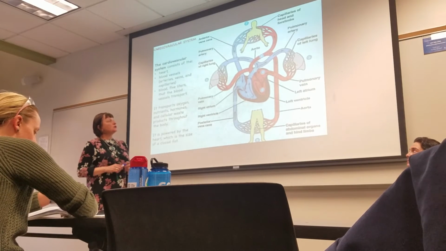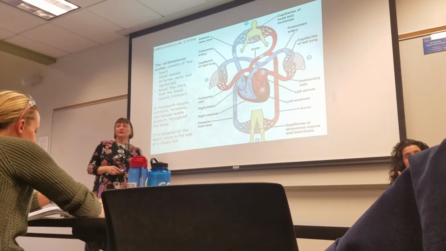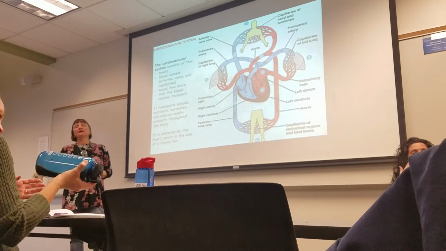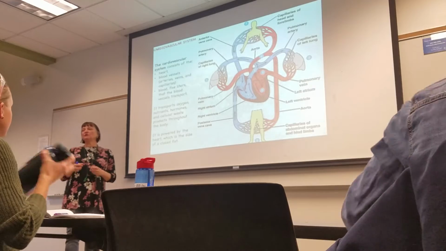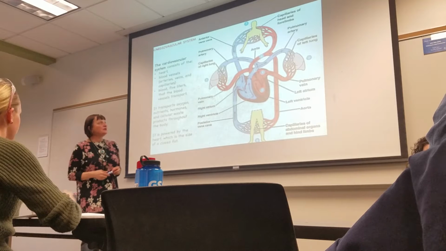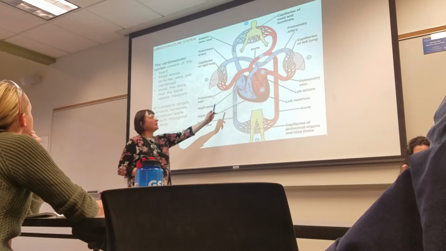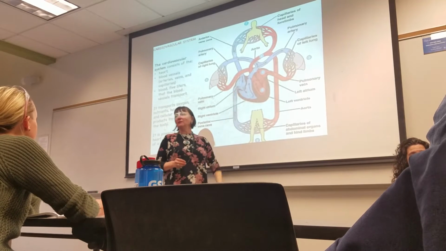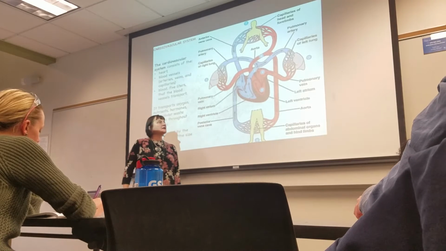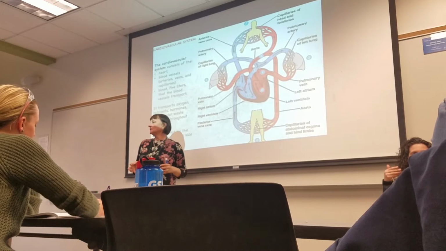People who already did the lab and touched the sheep heart know that the right part of the heart is not as muscular, not as large compared to the left heart. And there is a very good reason, because the right part of the heart pumps blood only to the nearby lungs.